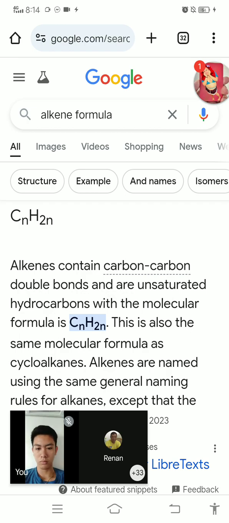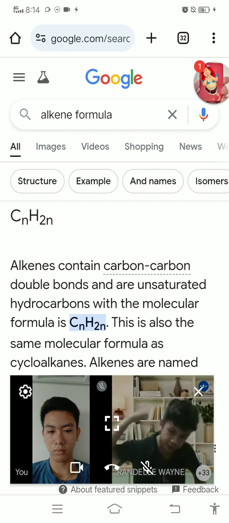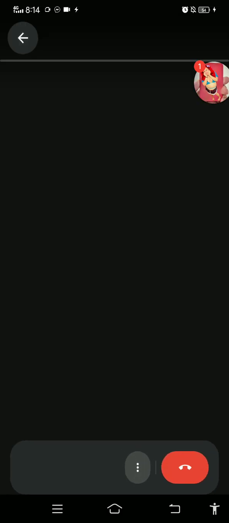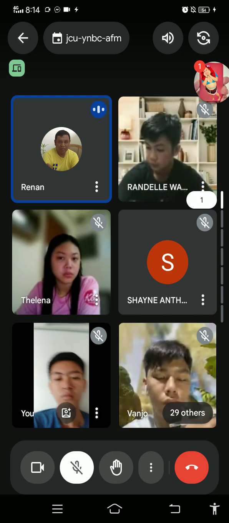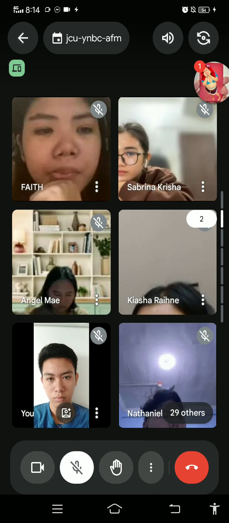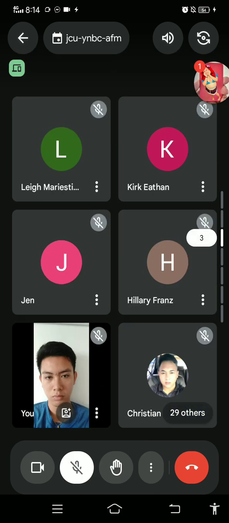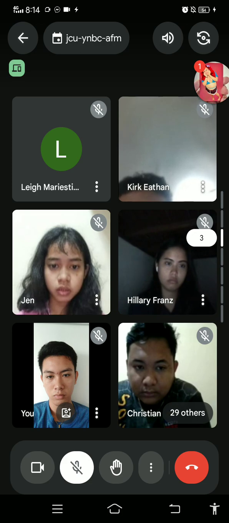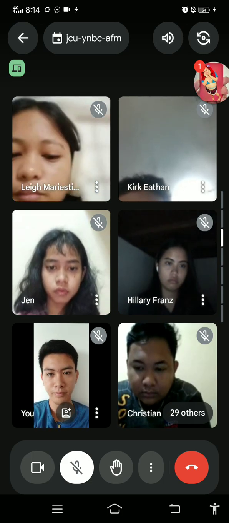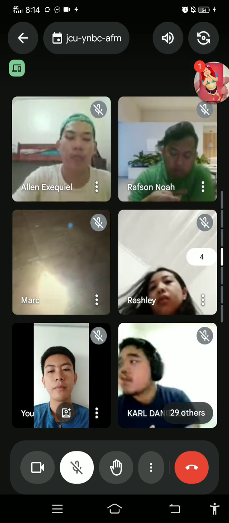Common name ng ethylene. Ang kanyang IUPAC name is actually a group of chemists that agree on the proper or scientific or systematic naming of carbons. May mga rules. Ayun ang IUPAC.